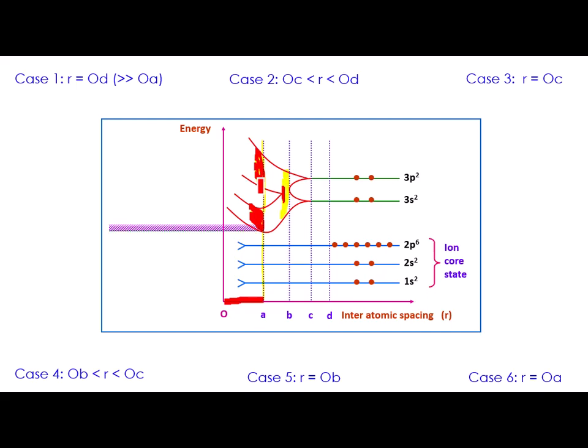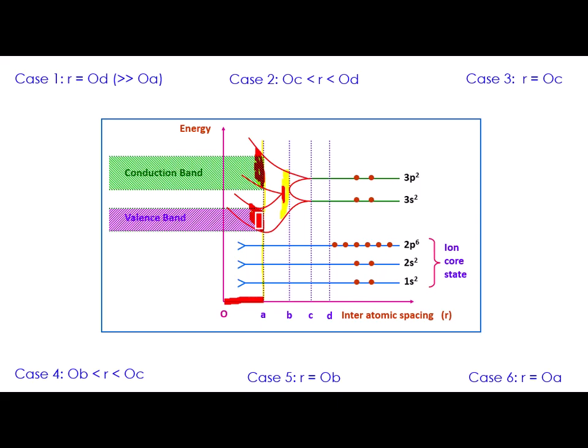And the lower energy levels, which are completely filled with electrons, are called the valence band. That is a band of energy levels, and this lower band, which is completely filled with electrons, is called the valence band, and the higher energy levels, which are completely empty, which do not have any electron at all, are called the conduction band.